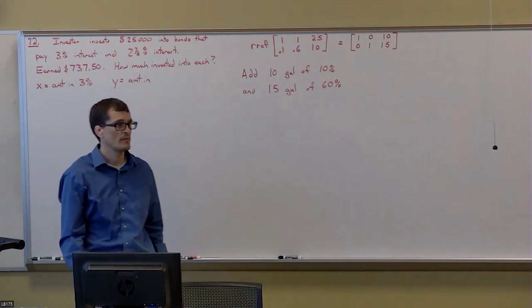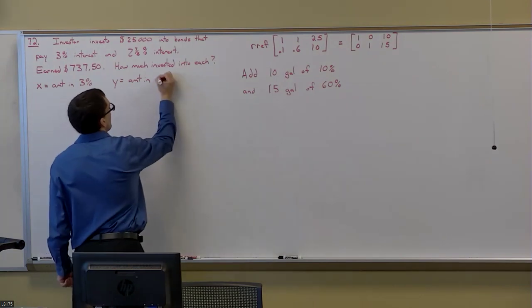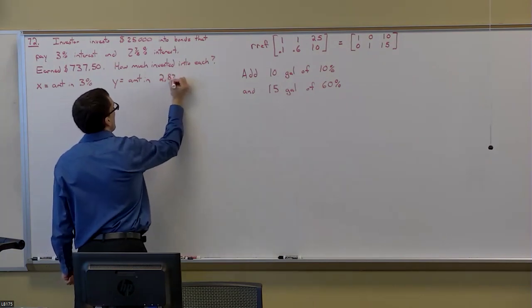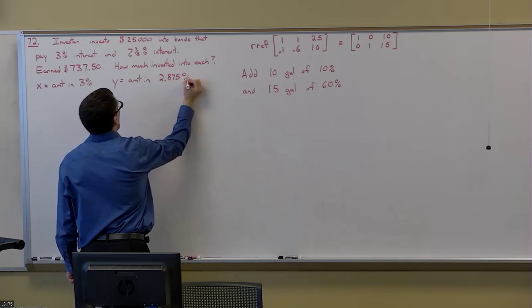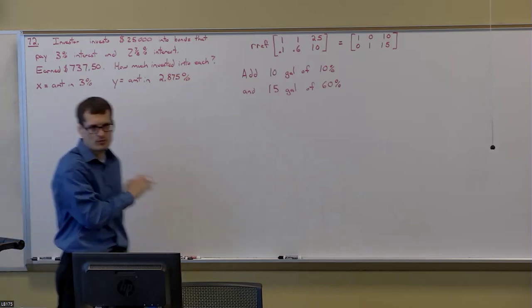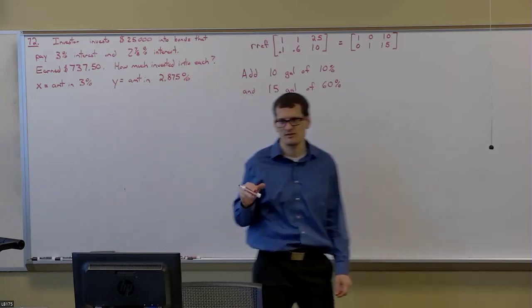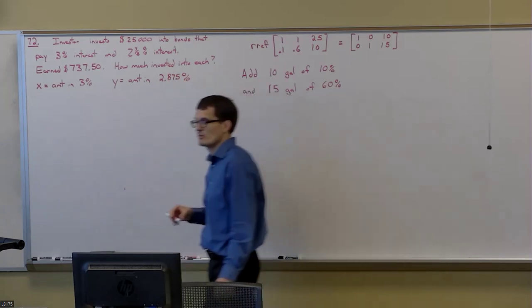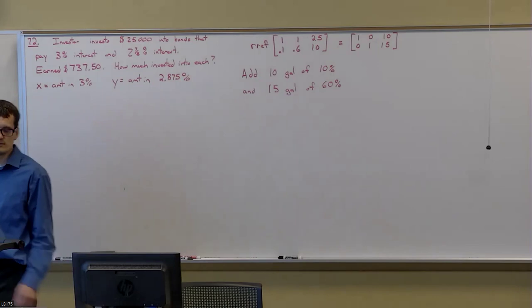Is that okay? So 2 7/8 is 2.875. That way, when I write it in my equation, I can convert from percentage to rate, easier.